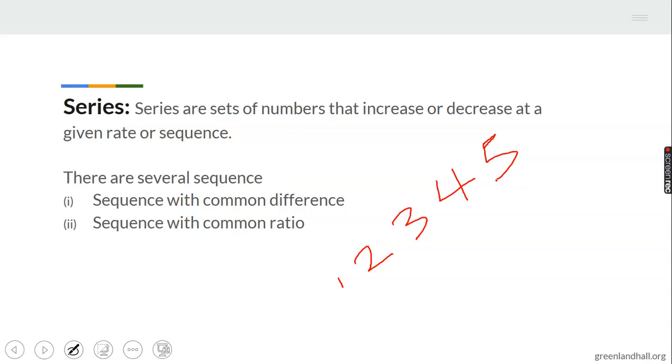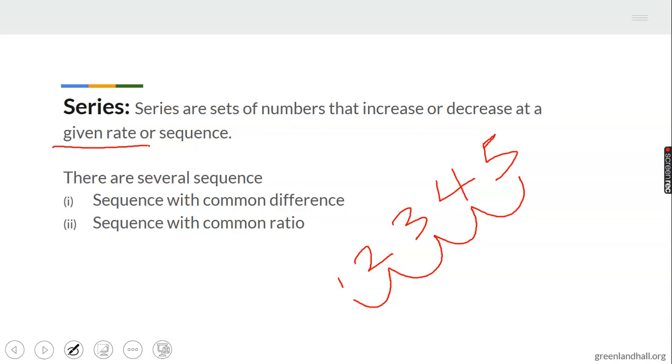If you watch closely, you discover that my number is increasing from 1 to 2, 2 to 3, 3 to 4, and 4 to 5. That means the numbers are increasing. Now, we say a given rate. What is the rate of the increase? That is something we have to check for.